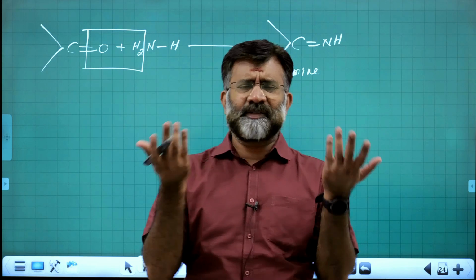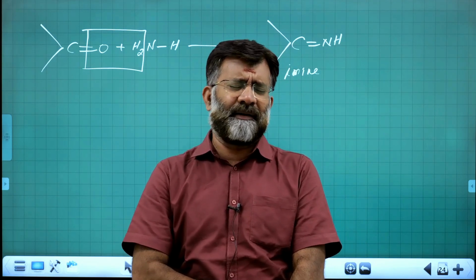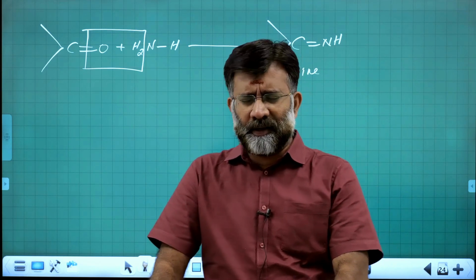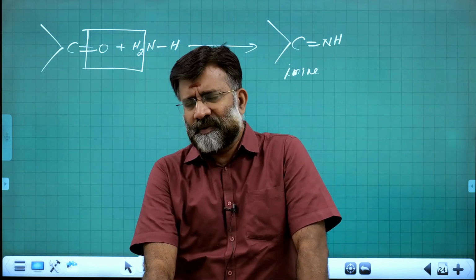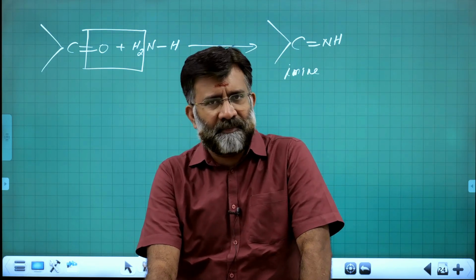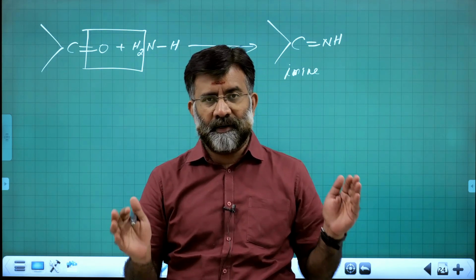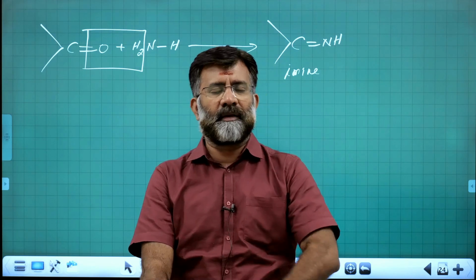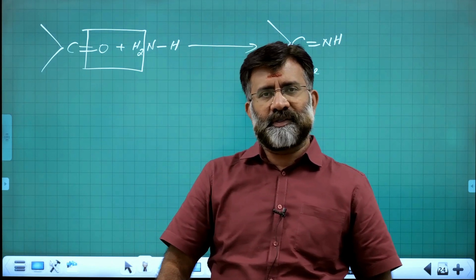There are various addition products. If you take ammonia with formaldehyde, different products are obtained. You get urotropin and various related commercially important products. But limited to the syllabus content, we are discussing the most commonly encountered reactions.